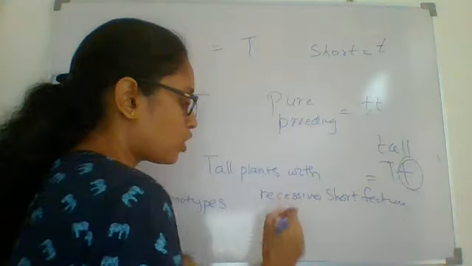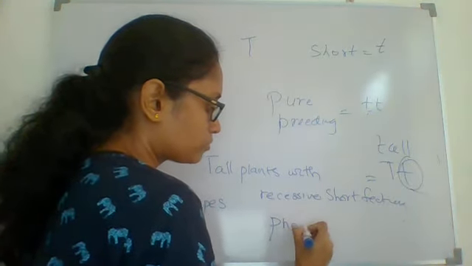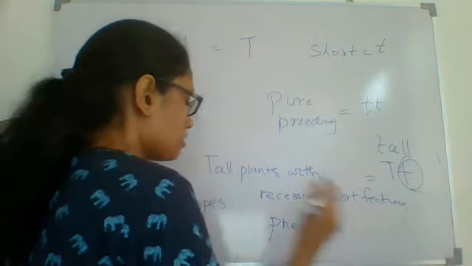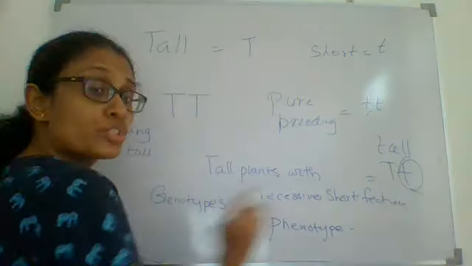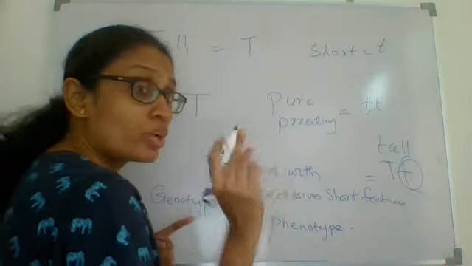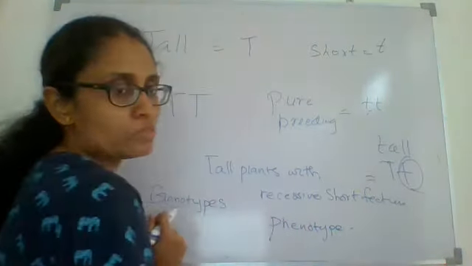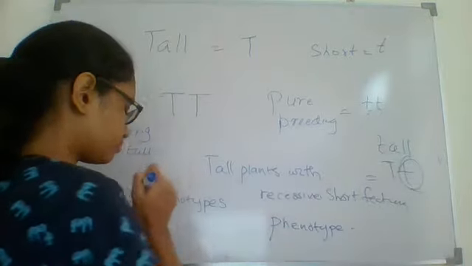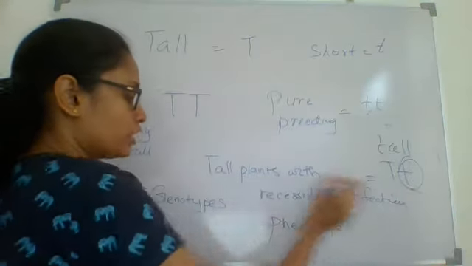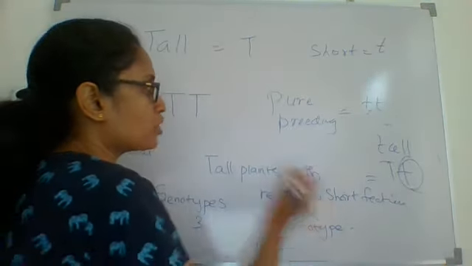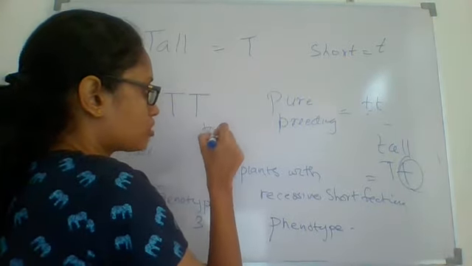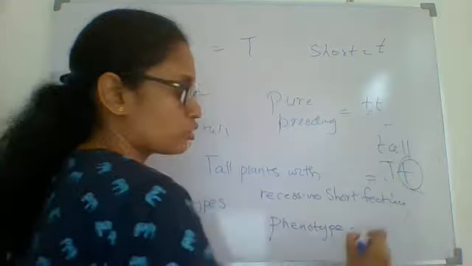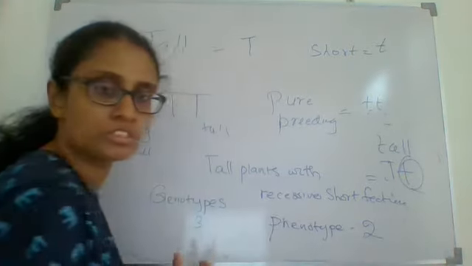Those we call phenotypes. There are three different genotypes, but only two different phenotypes, because genotype means how the genes are arranged. Here you have three different genotypes, and phenotypes: this is tall, this is also tall, but this is short. So there are two phenotypes, right?